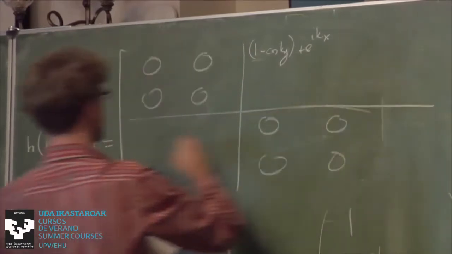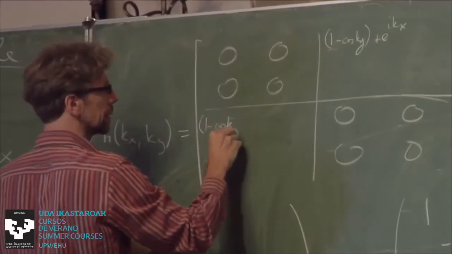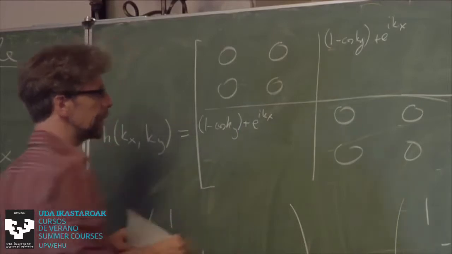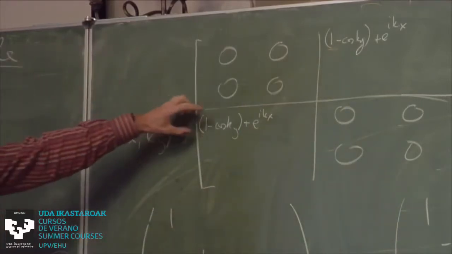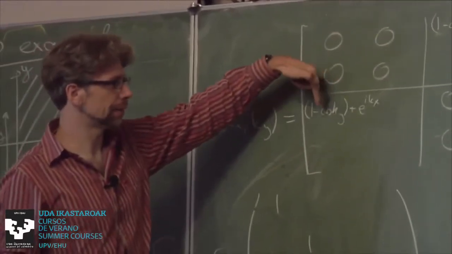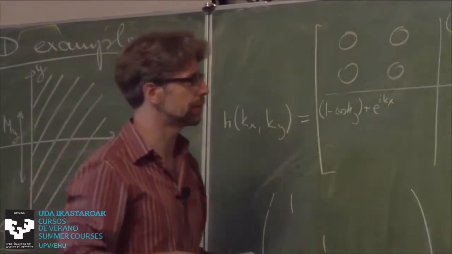Okay, let me just copy it here. 1 minus cosine ky, e to the i kx. So that will be one of these systems that changes from being an SSH chain at ky equal to 0 to being a trivial system at ky equal to pi.